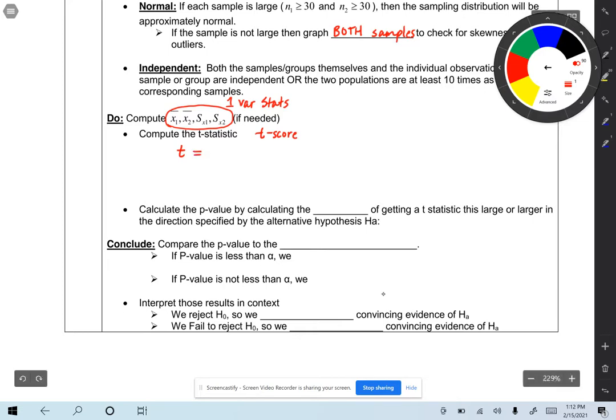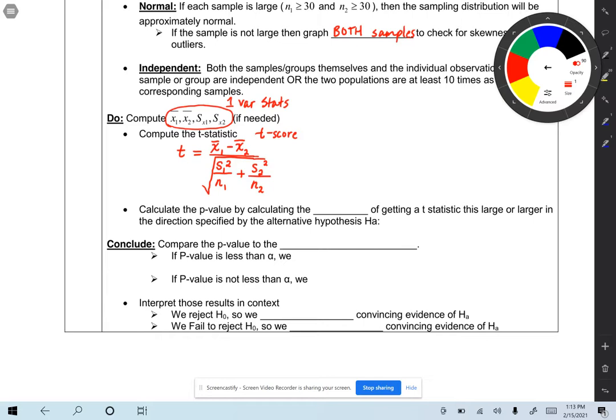So the t-statistic is equal to the difference in the sample means, so x bar 1 minus x bar 2, minus that 0 because it's that hypothesized value from your parameter, divided by the standard error, which is the standard deviation of the first squared divided by that sample size, plus the standard deviation of the second squared divided by that sample size. And you take the square root of it, and that'll give you your t-statistic.